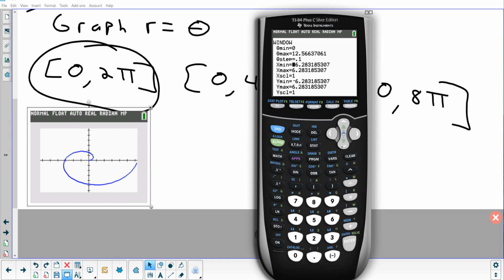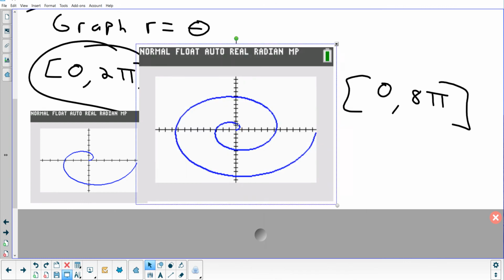But if you want to be safe, do negative 4 pi to 4 pi on everything. And that's more than enough to see exactly 2 revolutions of the spiral. There you go. So there's 2.